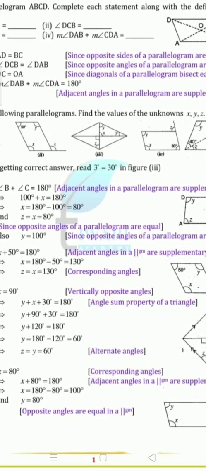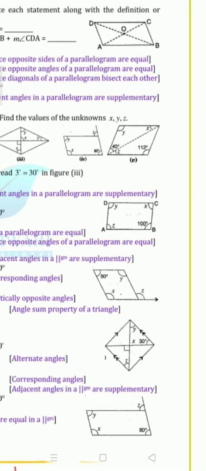You just have to use the properties. Now you can use the adjacent property. You can either write angle A plus angle B is equal to 180 degrees, or you can write angle B plus angle C is equal to 180 degrees. If both together are 180 degrees and you know one is 100, the other will be 80.